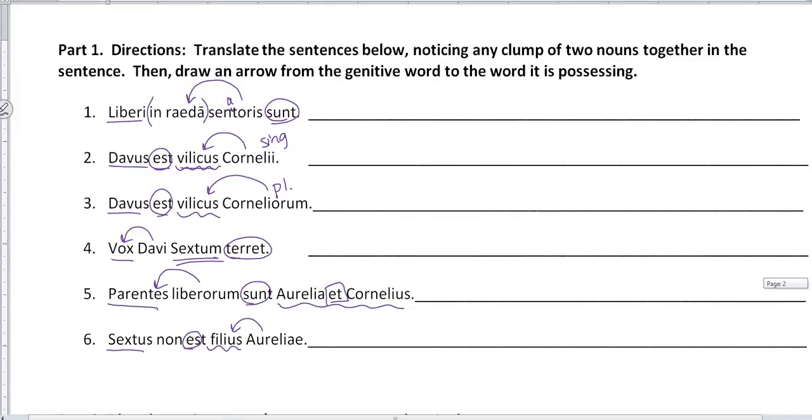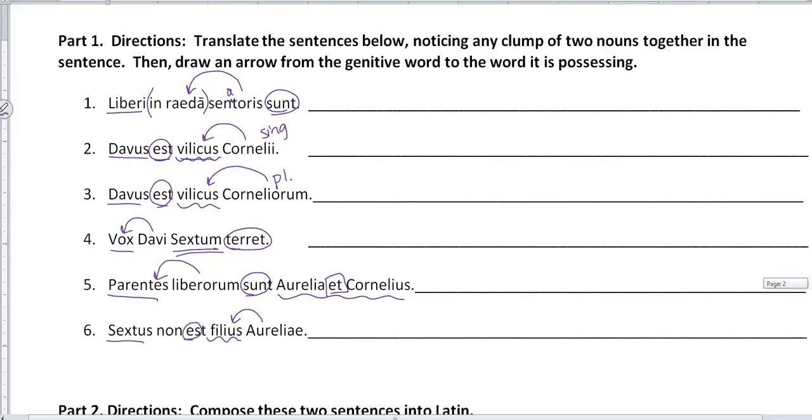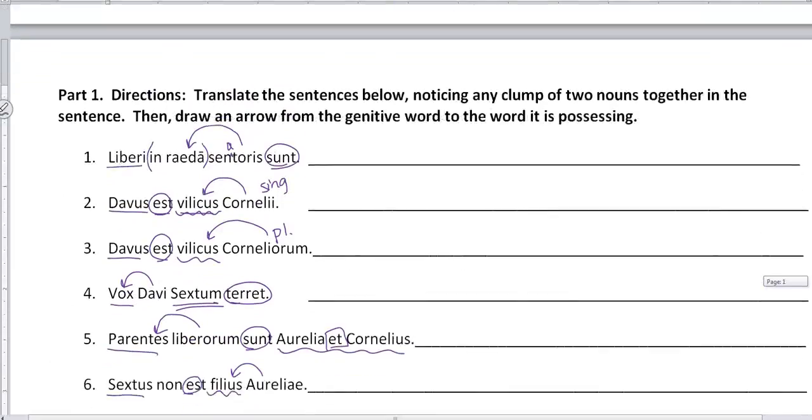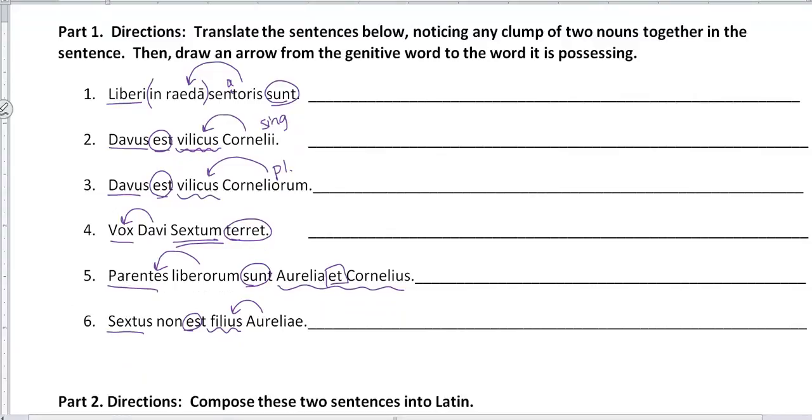All right, so take a look at composition number one, full of slaves, as well as particularly these little examples up in part one. Really take a look at part one. See the genitives? Look at all those little arrows we made. What can you infer about the word order of genitives in a sentence? Brainstorm. You may notice that the genitives in all of these sentences right up here come directly after the word that they're possessing, right?